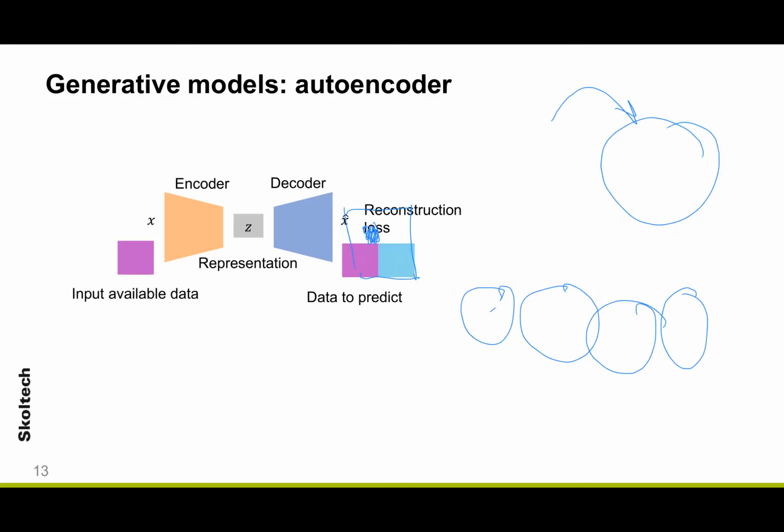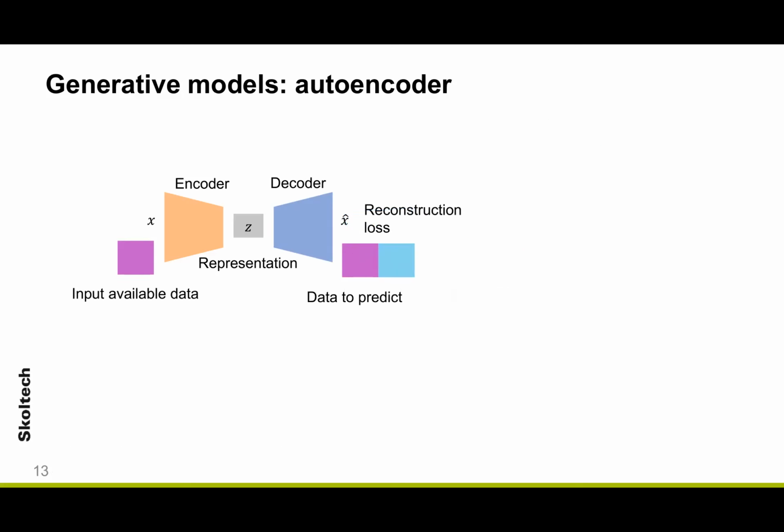The general scheme is like this. We have something like an encoder and a decoder, and from X with some parts missing, we have something that we want to predict, and basically we do it with this combination of autoencoder. But you can think that actually autoencoder has too narrow a sense in modern machine learning.